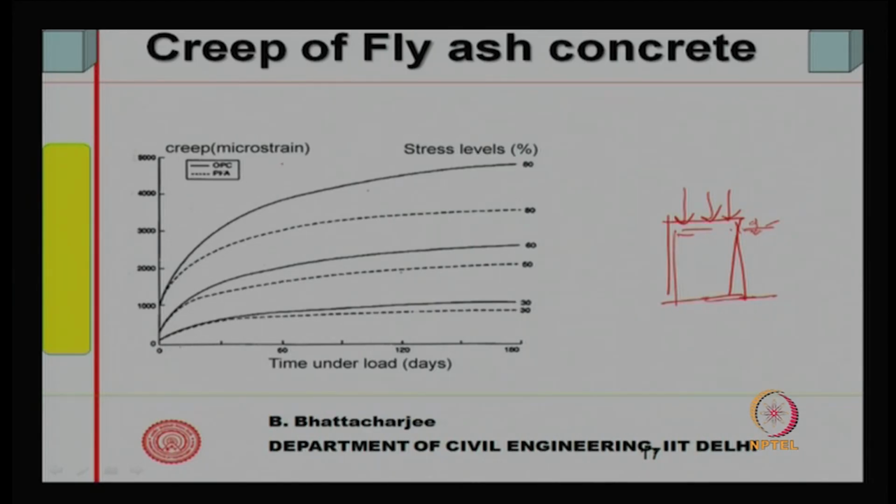You see, this is the creep in terms of micro strain, against stress level, for OPC, and the dotted lines are the PFA. This is the time under load, 180 days.